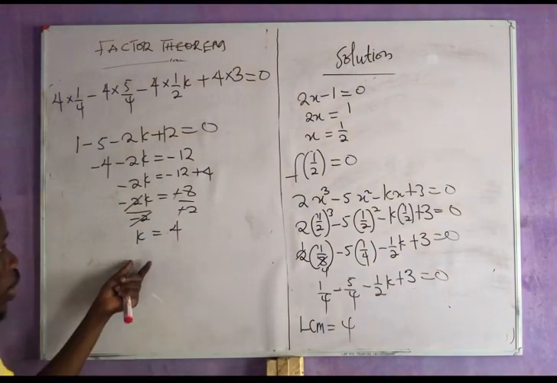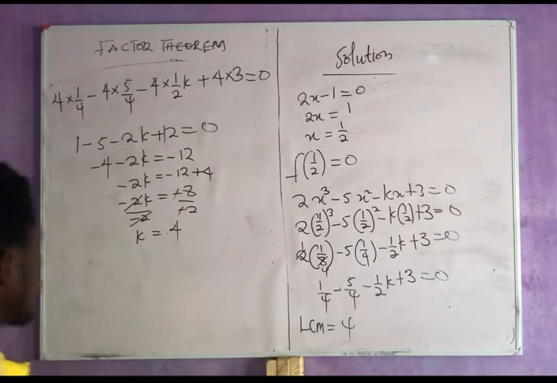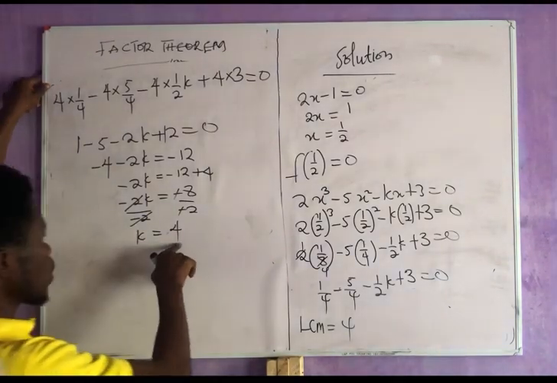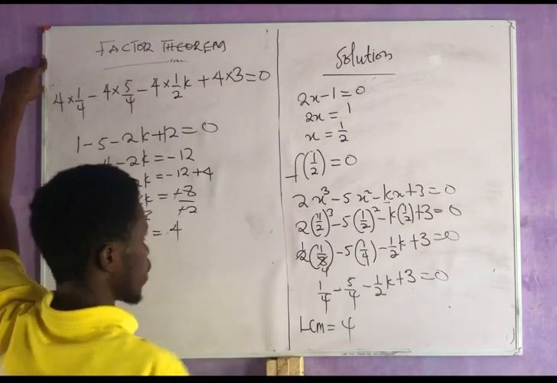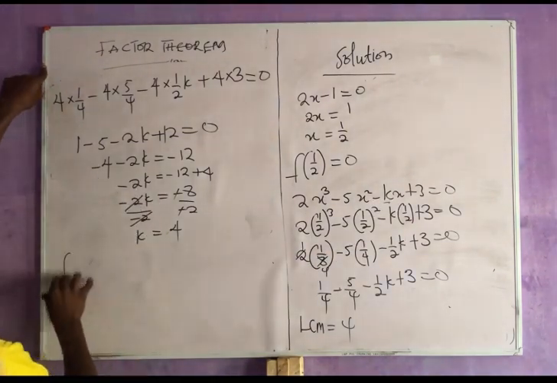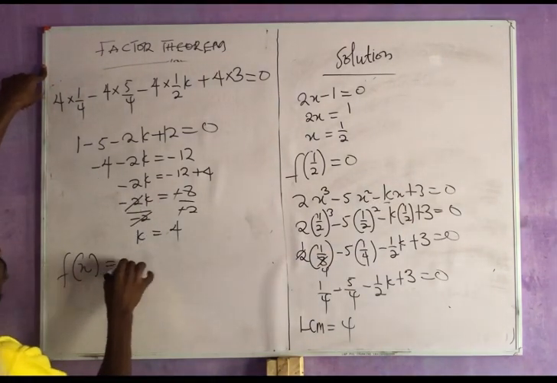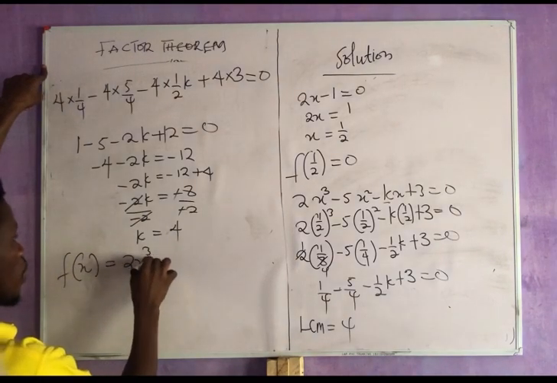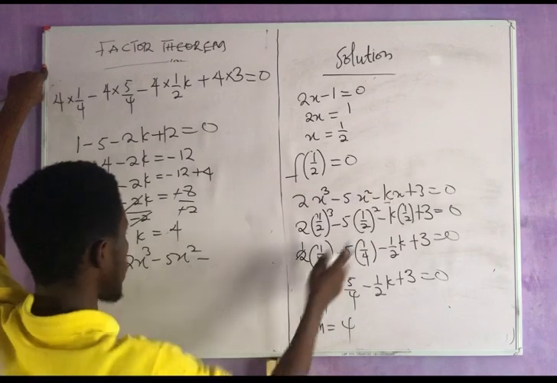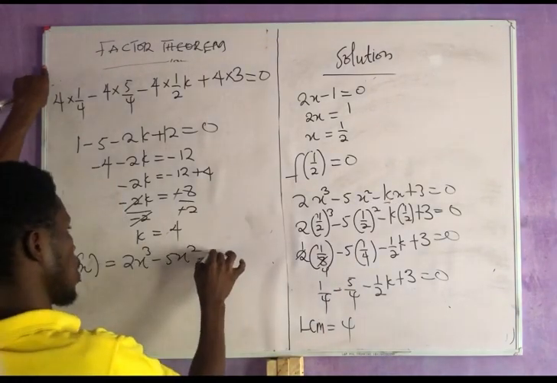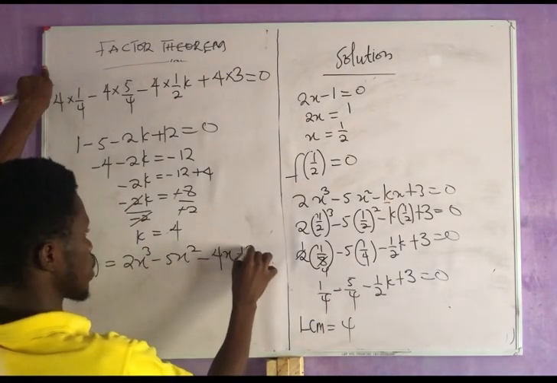Now after getting the k, you go back to our polynomial and substitute the value of k into the polynomial. So we have f of x equals 2x cubed minus 5x squared minus, now our k is 4, so we have 4x plus 3.